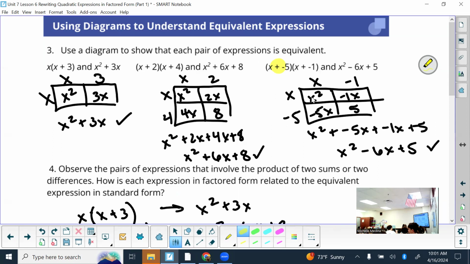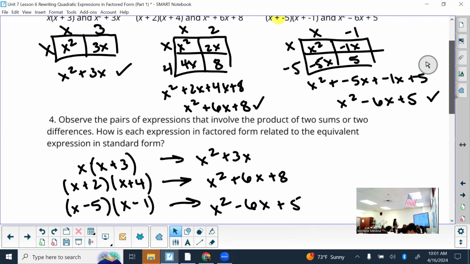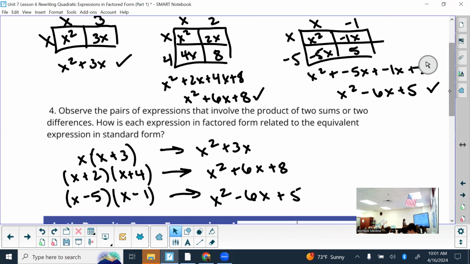Now, this isn't on your paper, so just look up at the screen. I'm going to write it down somewhere you can. But it says to observe the patterns of the expressions that involve the product of two sums or two differences. So mostly like these two down here, although you can kind of see it with this one. But do you see any patterns between the numbers?